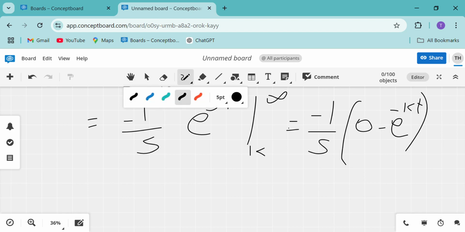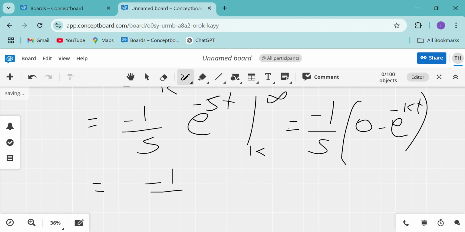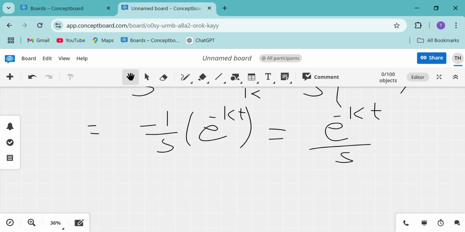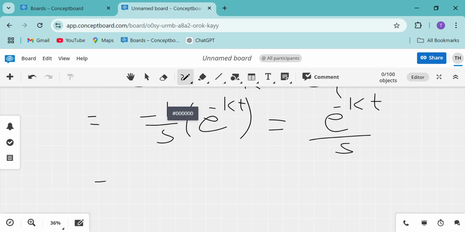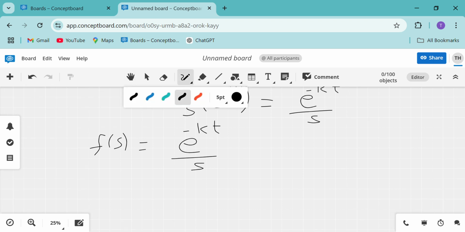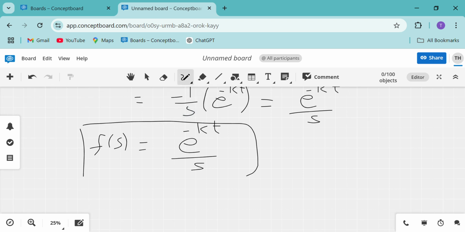Now our whole function will become minus 1 over s times minus exponential minus ks, which gives F of s equal to exponential minus ks over s, and this is our final answer.